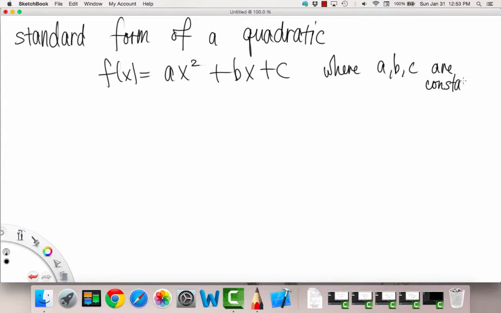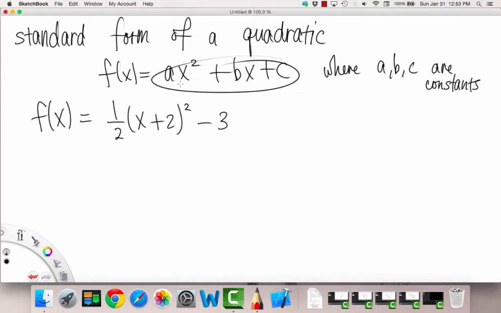If we look at what we had before for our problem, we arrived at the equation f of x is equal to 1/2 times x plus 2 quantity squared, and then minus 3, right? So in order to get this into the standard form, what we have to do first is just FOIL this out, so multiply that out. We would get 1/2 times x squared plus 4x plus 4, and then minus 3.